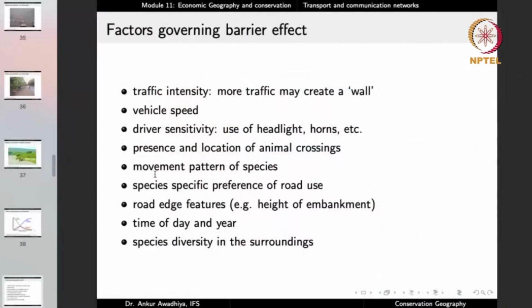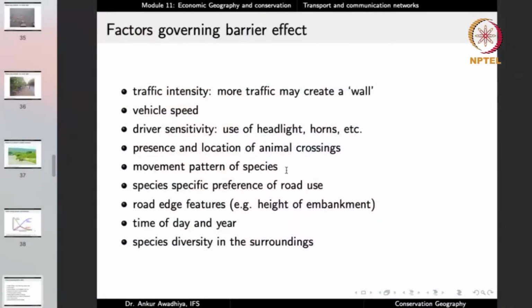So if a road has a lot of bridges, then the animals will just cross the area using the bridges without coming on top of the road. So whether a road during its design and construction has been provided with animal crossings will play a very big role on whether or not the road will act as a barrier for animals.